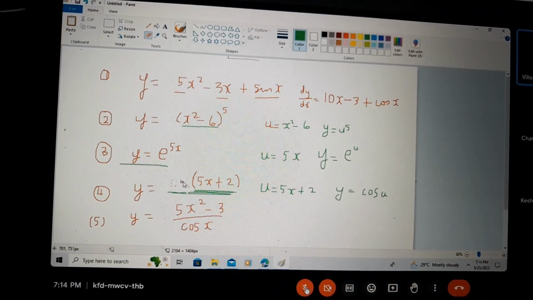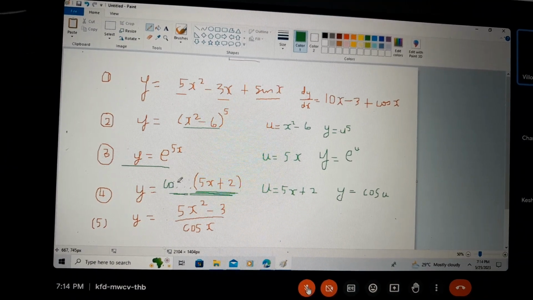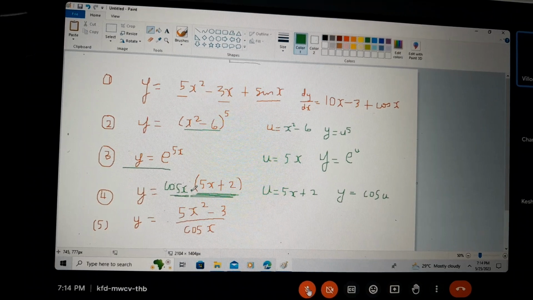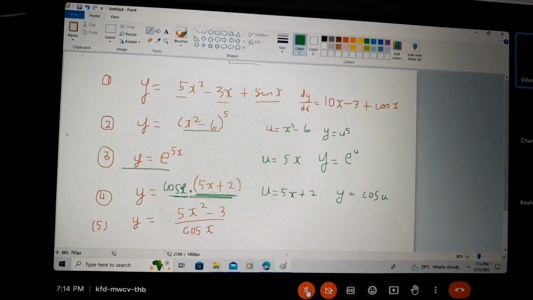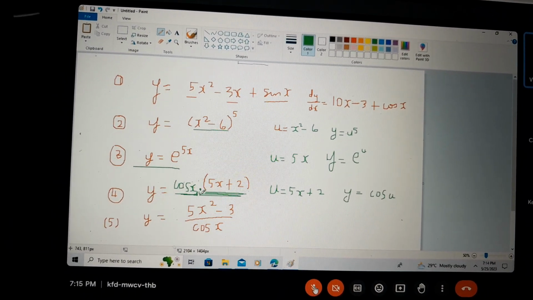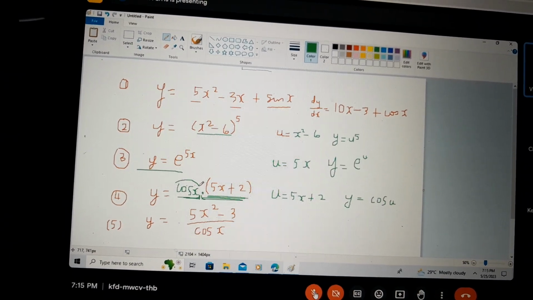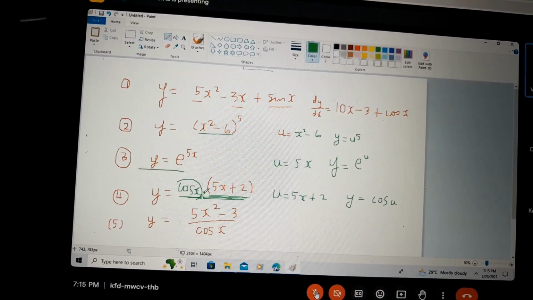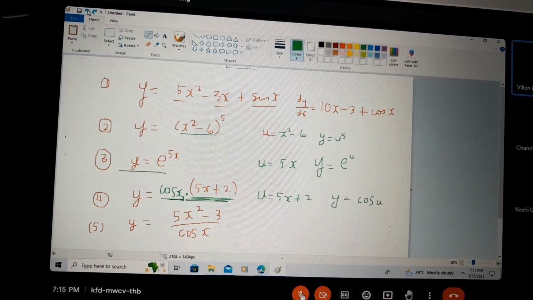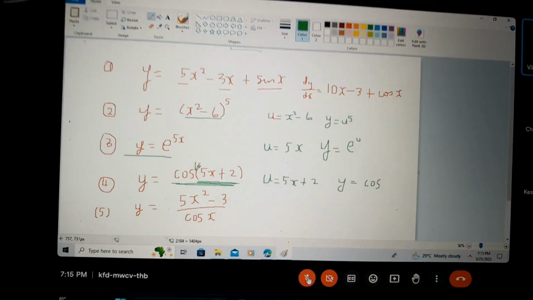If we had cos x times 5x plus 2, you see there's already something with the cos x. In this case, it would be a product rule because cos x is one function and 5x plus 2 is another function.